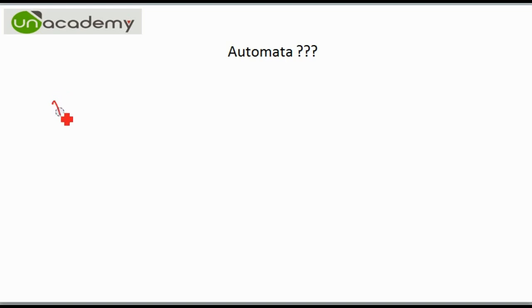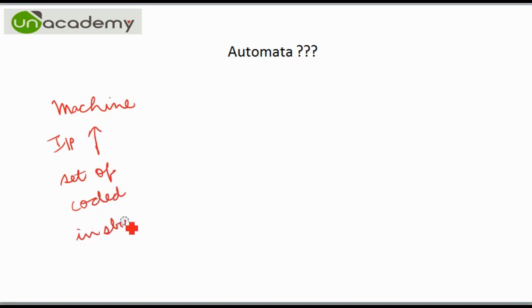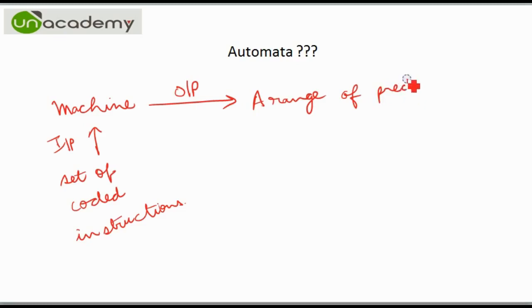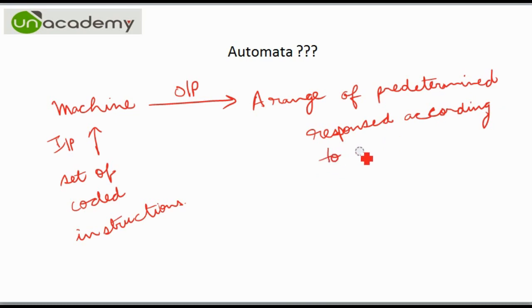An automata is a machine that takes as input a set of coded instructions and outputs a range of predetermined responses according to different circumstances.